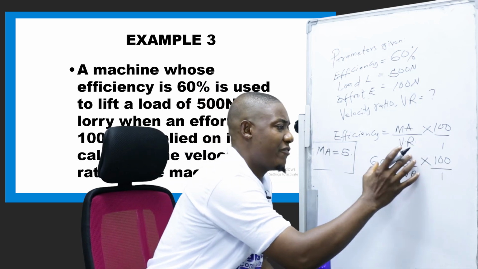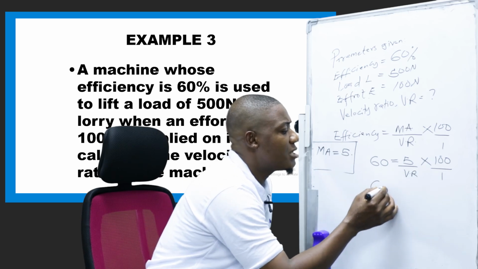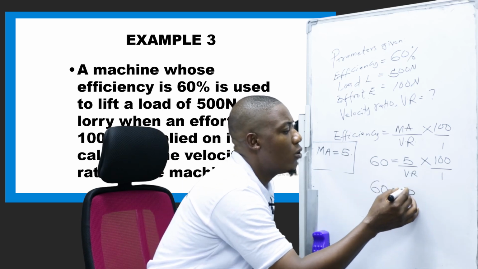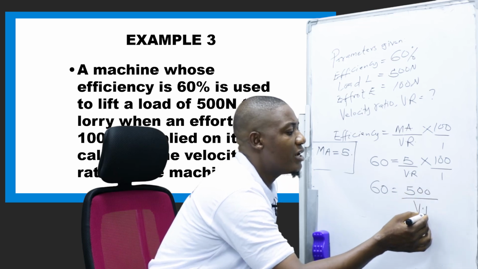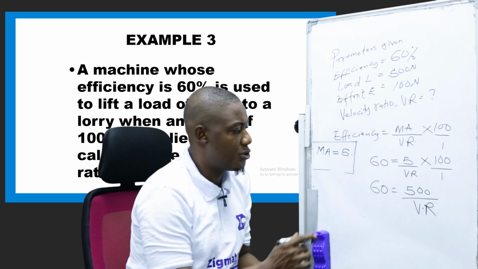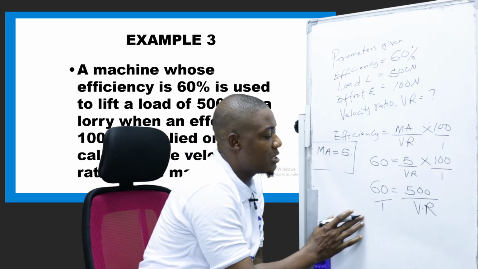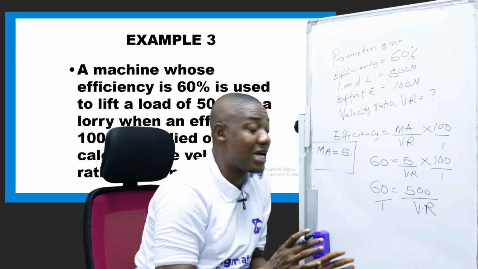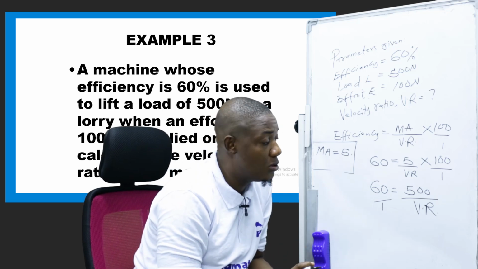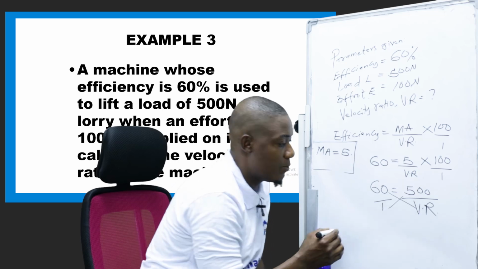We have fraction now, 5 times 100, V times 1, V. So we have that 60 is equal to 500 all over velocity ratio. Divide this 60 by 1 to make the two sides of the equation become a fraction. So in this case, we will cross multiply.